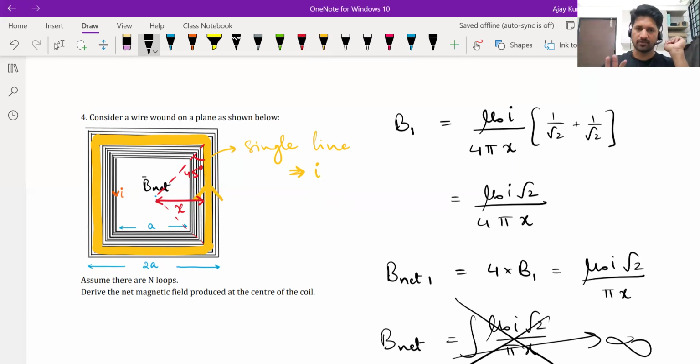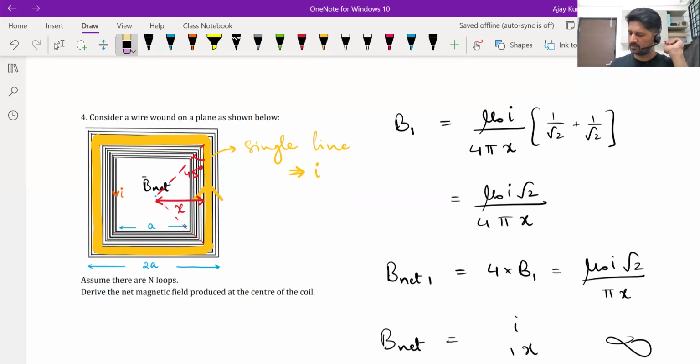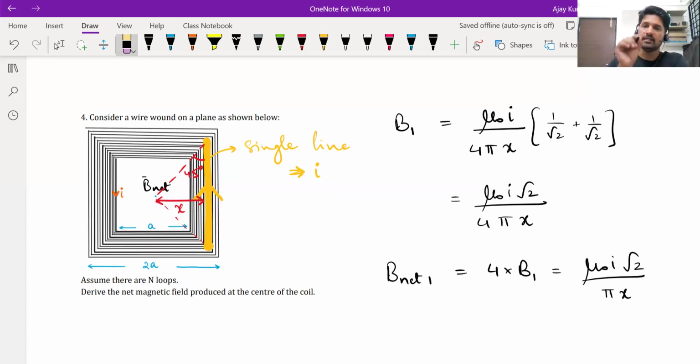There are a finite number of turns. The length of the wire is finite. The field produced by it should be finite. So, as Yash correctly recollected, we should somehow get a di or a dx term into this. So what we do is, we don't take each wire. We take a certain region.